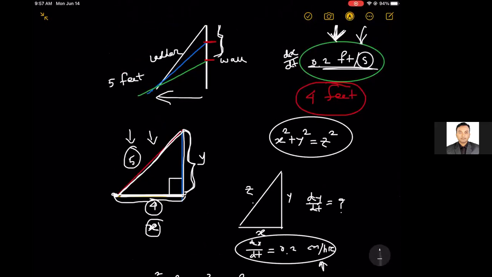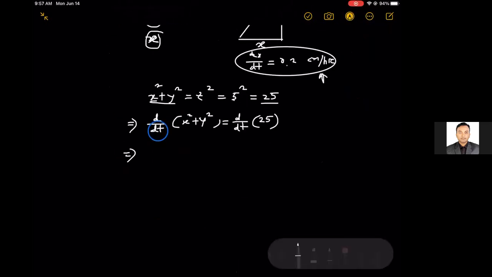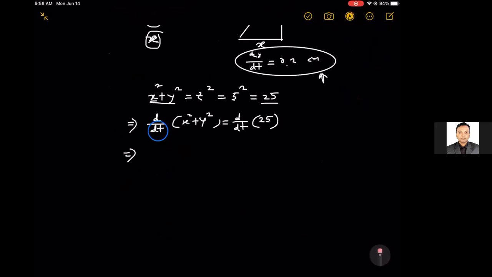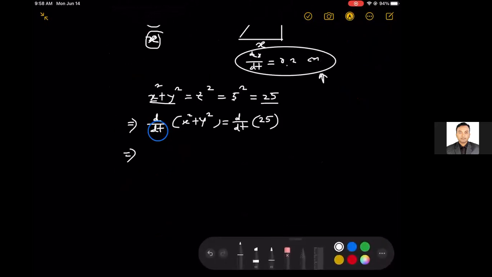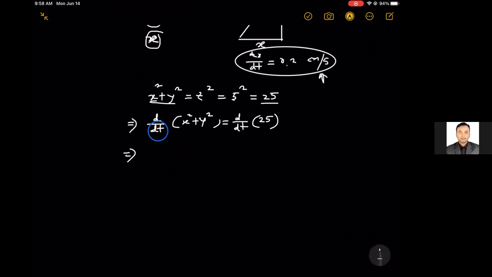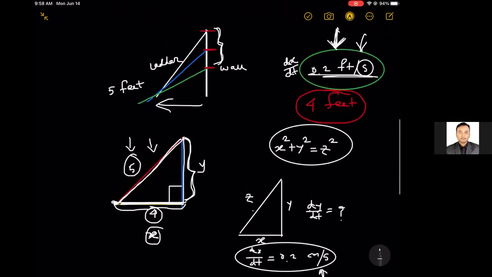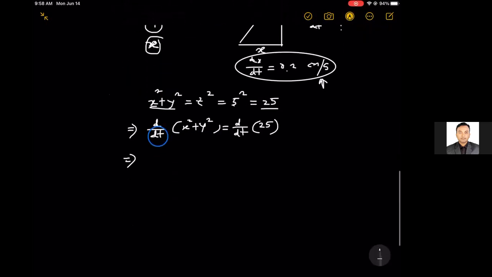I have given per second, so I should give it here as well. So you can even eyeball it from the units. This feet per second means we are trying to find the derivative in terms of t. So we have taken the derivative on both sides in terms of t.